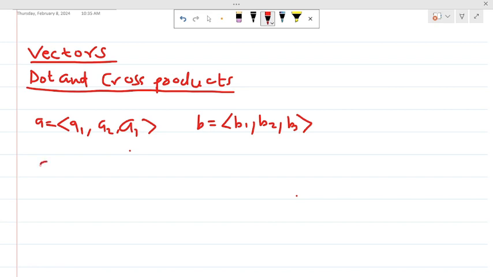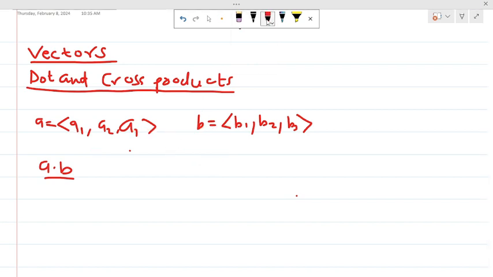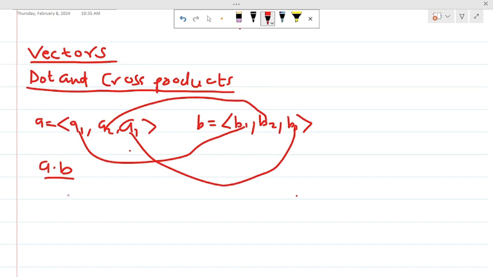Now, suppose we are asked to find the dot product of A and B. This is how we write the dot product of A and B. What we do is that we multiply the x component of A to the x component of B, then the y component of A to the y component of B, then the z component of A to the z component of B. So we are going to get A1 multiplying B1 plus A2 multiplying B2 plus A3 multiplying B3.